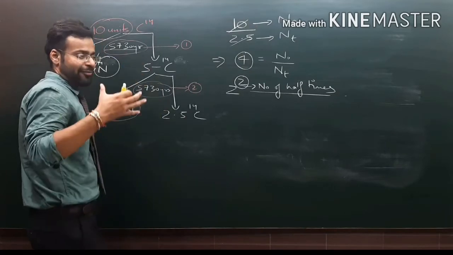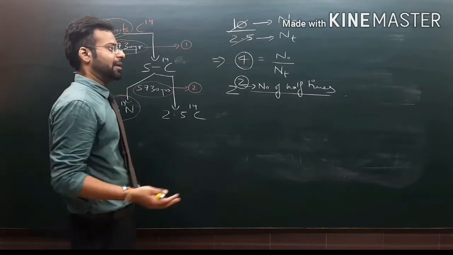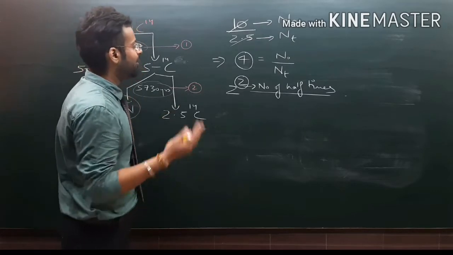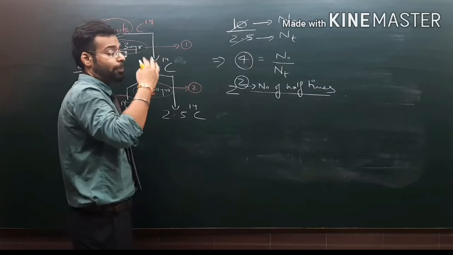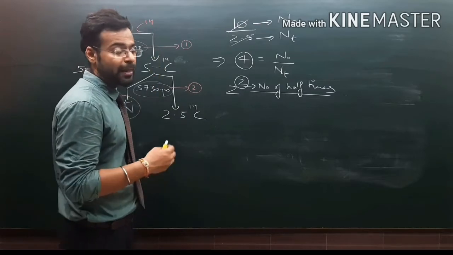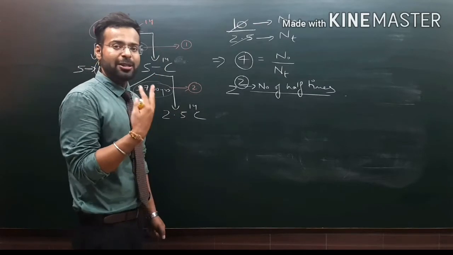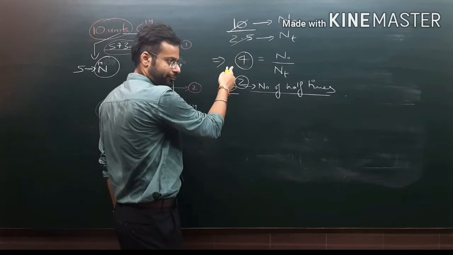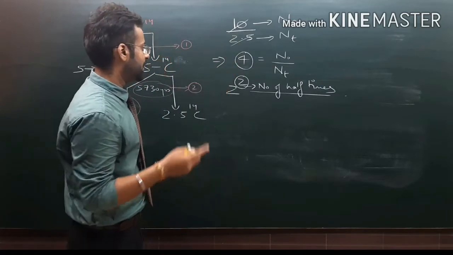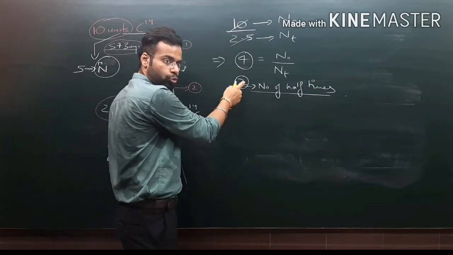If there was a question where we have a sample with 10 units of carbon 14, and now there are only 2.5 units, how much time has passed? We will calculate that it has decreased 4 times, and 4 times means 2 to the power 2.